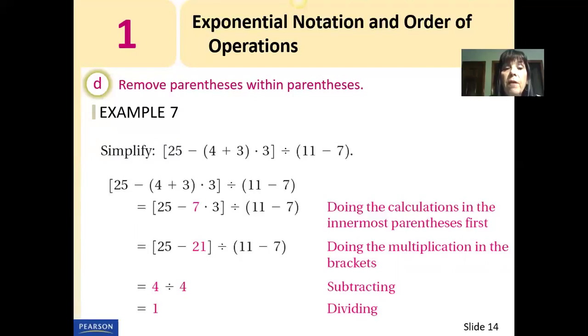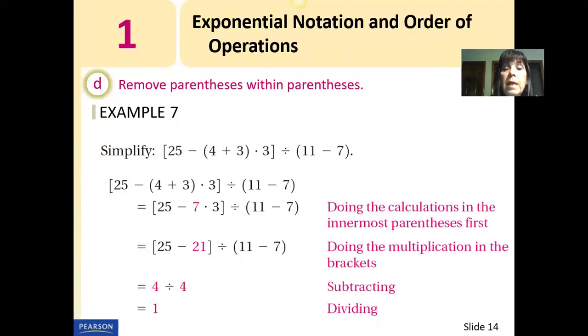So in that left expression, I will go into the parenthesis and add the 4 plus the 3. So if I look at the next line, 4 plus 3 is 7. So again, if I look at the next line that I've written, you take away the parenthesis, rewrite the sum that you had, which is 7, and inside the bracket, I now have just 25 minus 7 times 3. So again, it got a lot simpler because I was able to remove the first parenthesis.